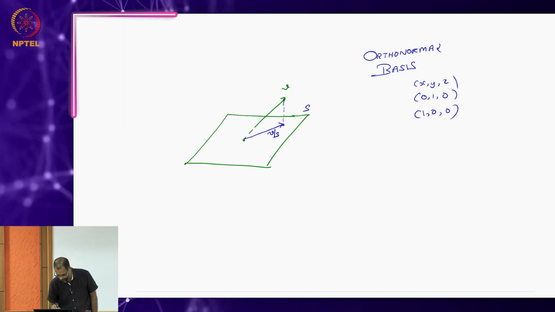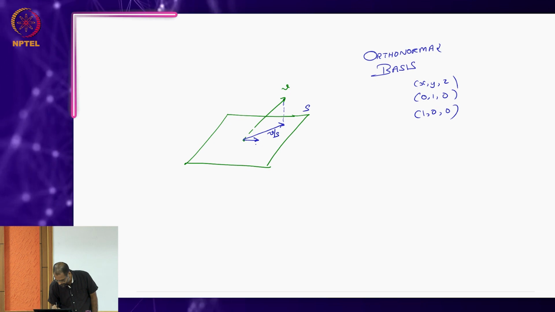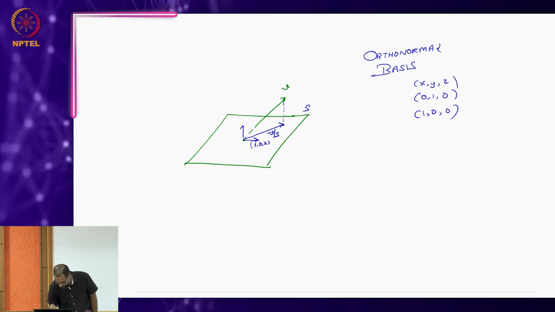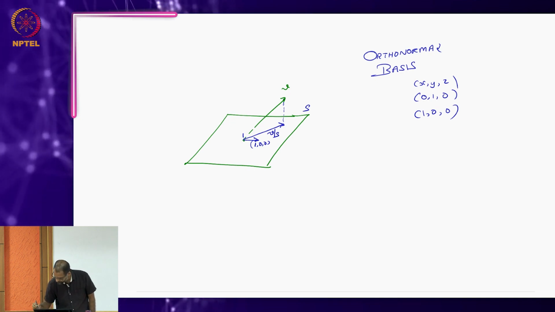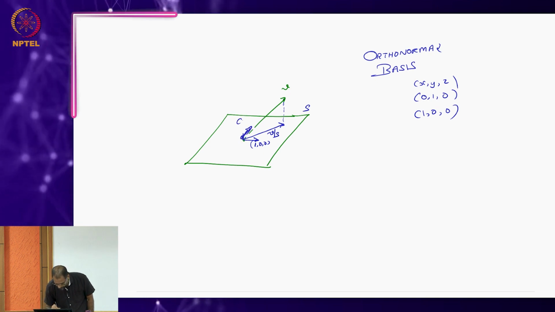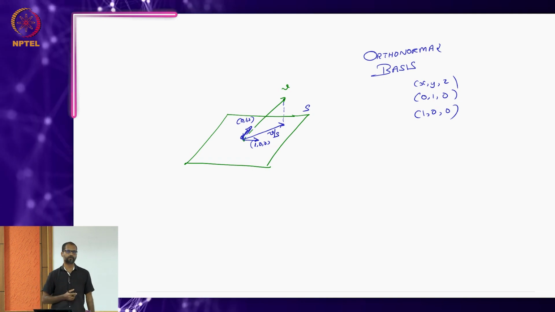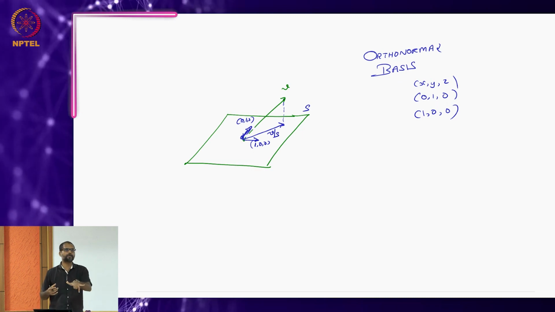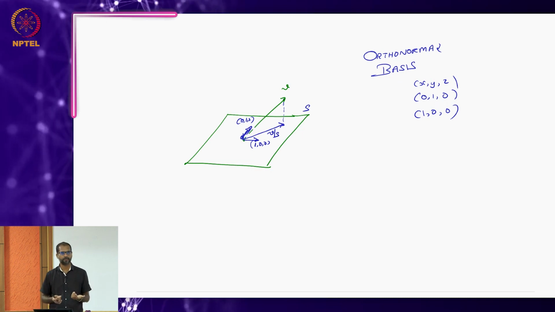If I kind of draw it here, this will be my 1, 0, 0, and along this plane, this will be my 0, 1, 0. These two are one candidate for orthonormal basis, but remember, it's not the only choice. In fact, I can rotate both of them together by some 30 degrees, I'll get two new vectors, they also form an orthonormal basis, okay.